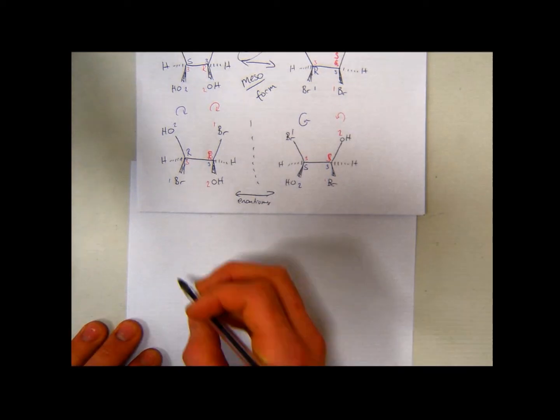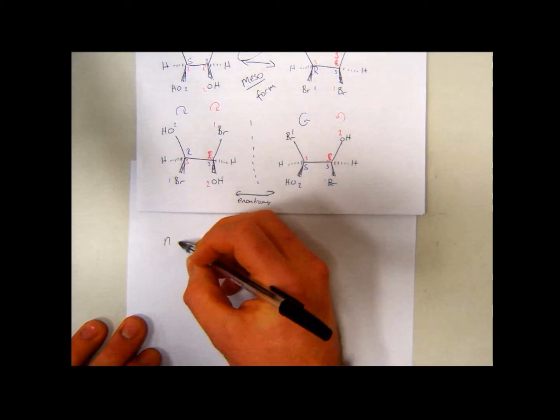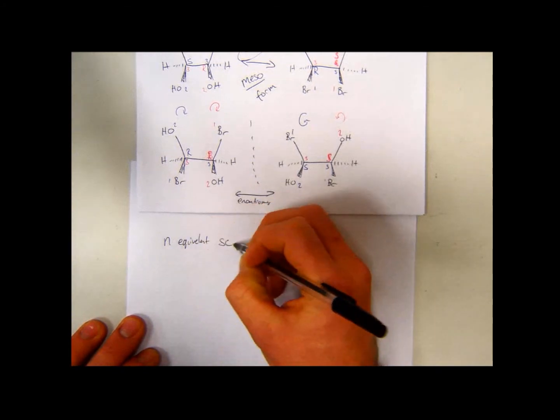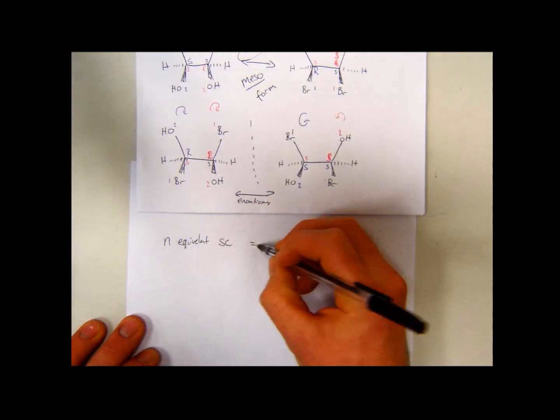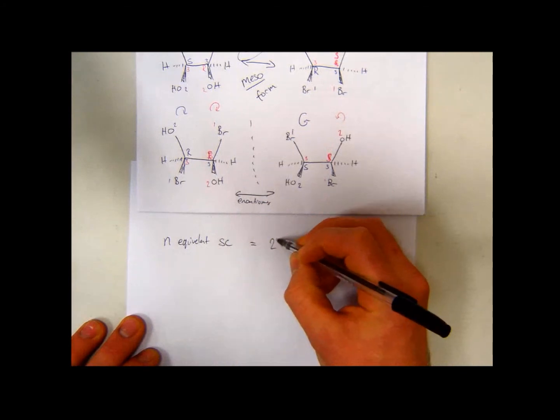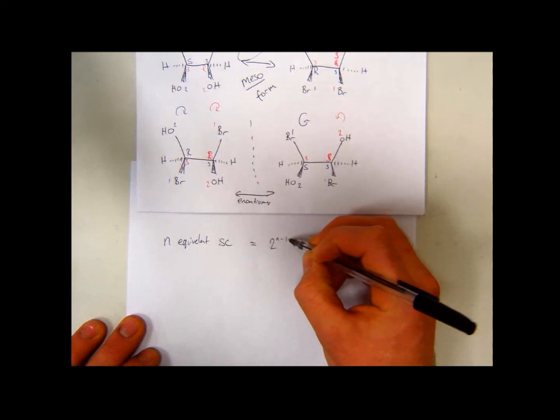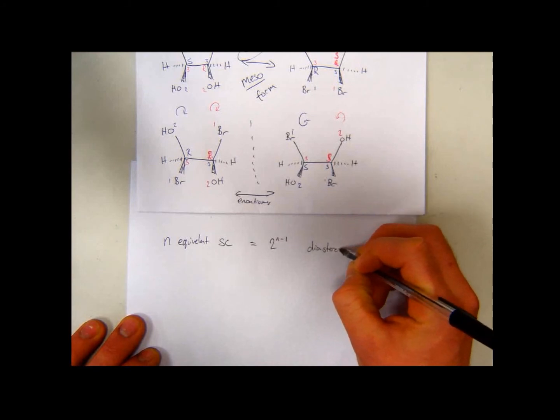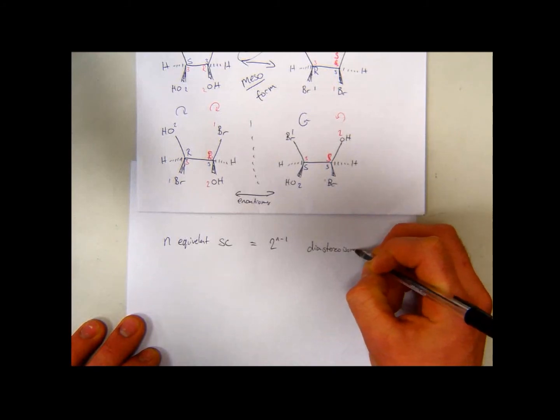We can write a new rule for this, which is n equivalent stereocentres will give 2 to the power of n minus 1 stereoisomers.